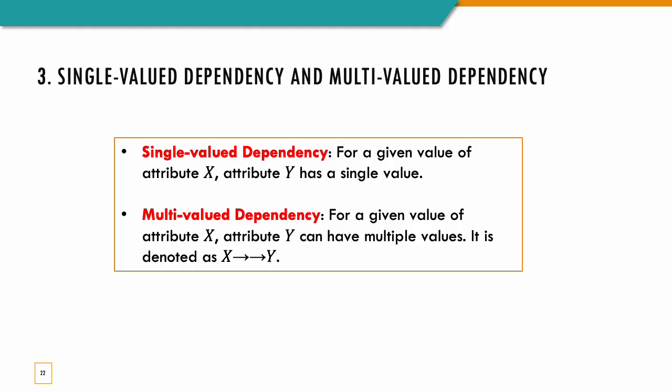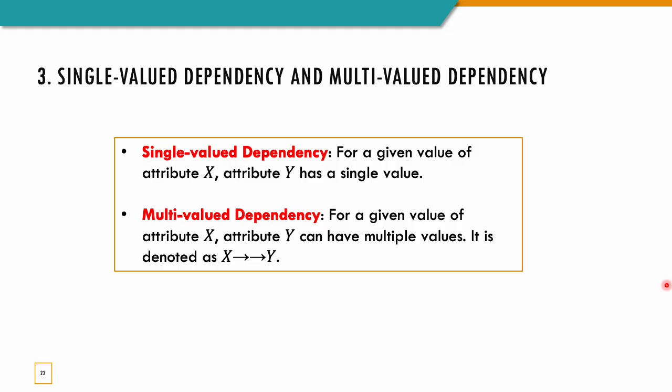The single-valued dependency occurs when one attribute determines exactly one value of another attribute. We call it single because it is one to one. One attribute determines exactly one value of another attribute.